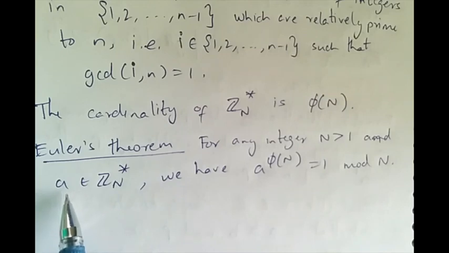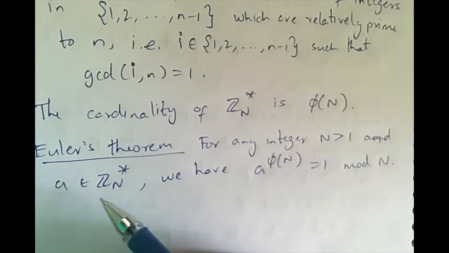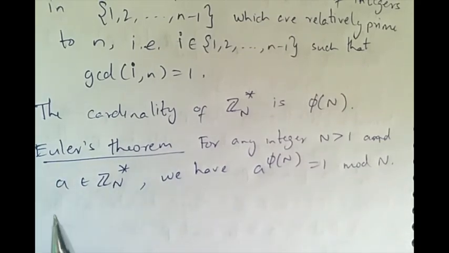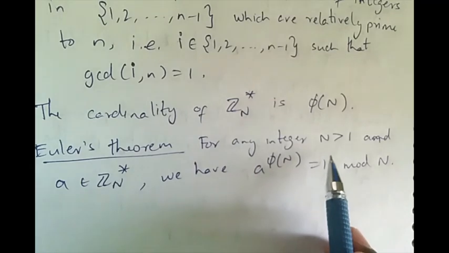But of course, there we said any integer. Here the integer is asked to be in Zn star. We can have a slightly relaxed condition on this, but for us this suffices. By relaxed condition, I meant that you can say that the GCD of a and n is 1, and this theorem would still hold.